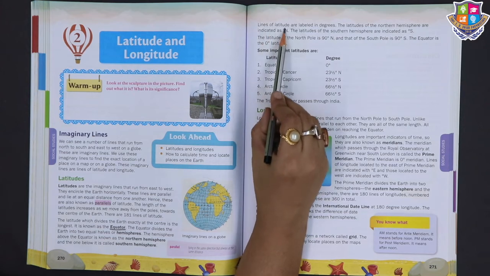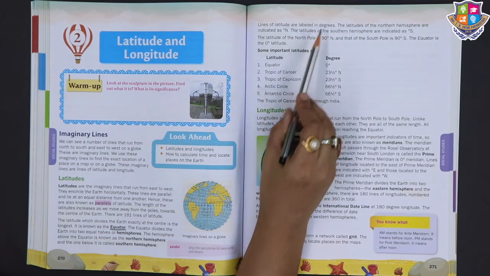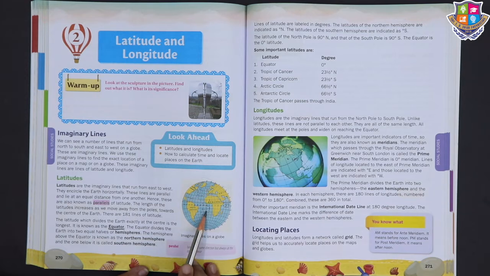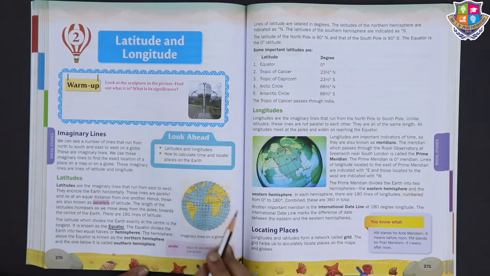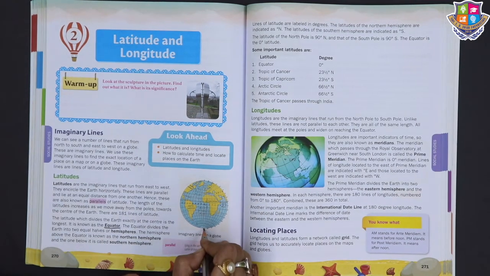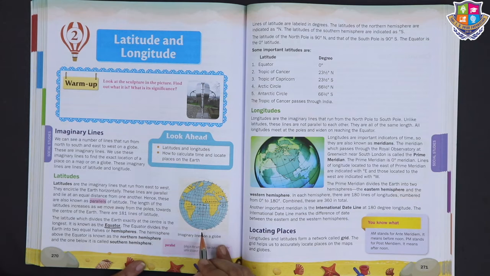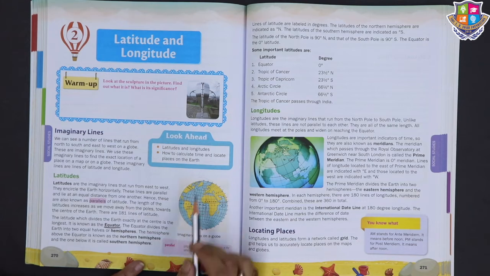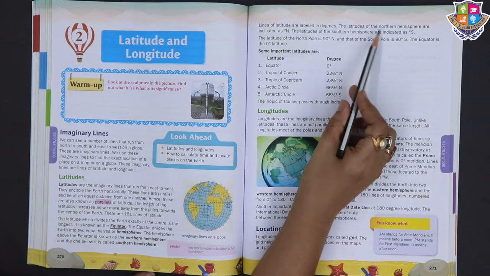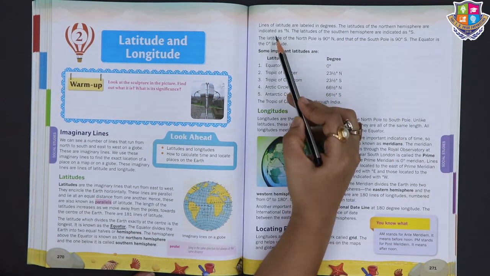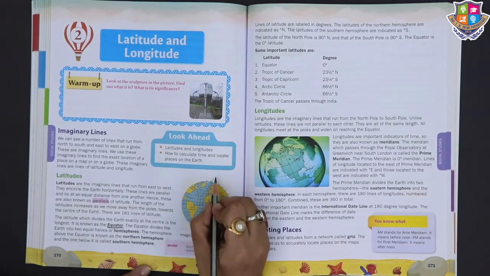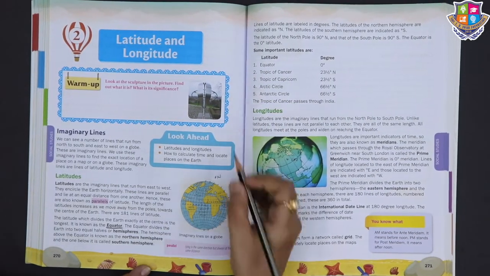Next, lines of latitude are labeled in degrees. So all the lines of latitude are labeled in degrees. On the north side, it starts from 0 degrees to 90, and on the south also it will start from 0 degrees to 90. The latitudes of the northern hemisphere are indicated as degrees north.